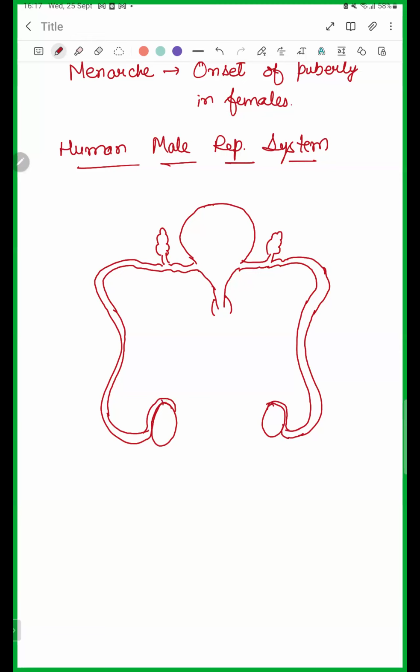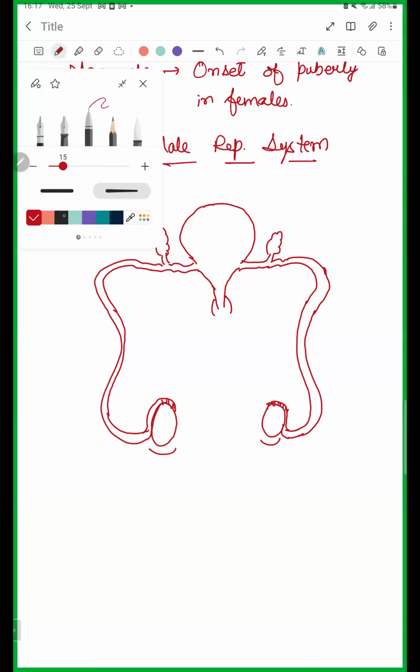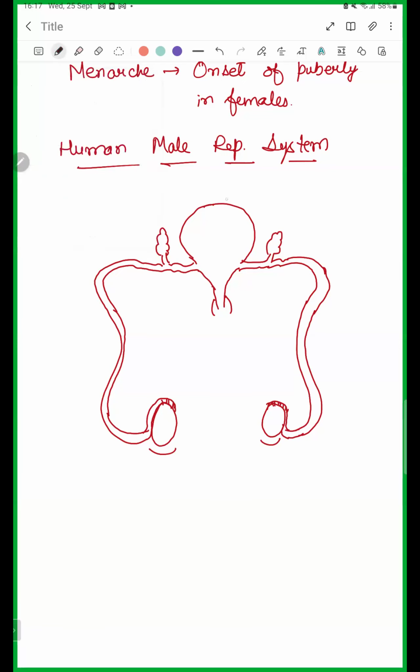All right. Let's start with the labeling. Urinary bladder, seminal vesicle, then there is another gland which I haven't drawn. Let me draw that as well, just behind the urinary bladder, prostate gland.